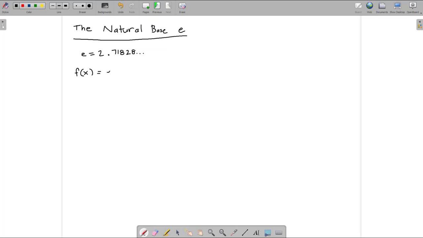We look at this number e to the x. And so this number e was actually discovered from compounding interest. And I'll spare you the details on that, but there's a really good video about it by Numberphile, which I'll link in the description if anyone's interested.